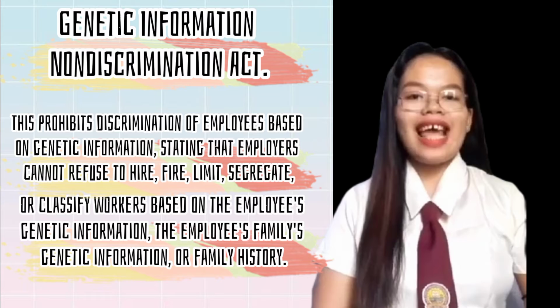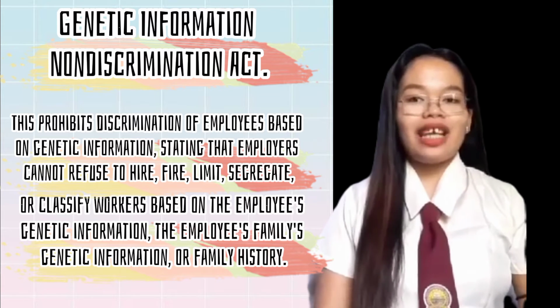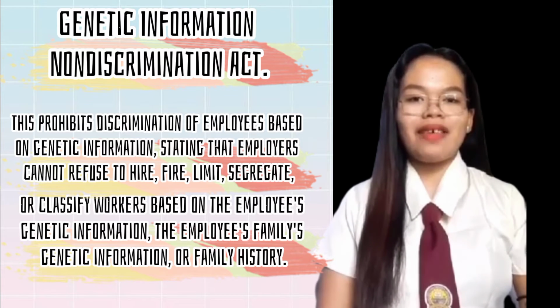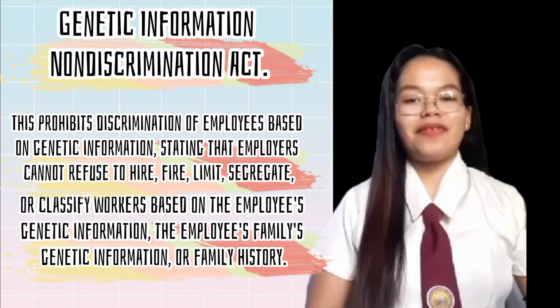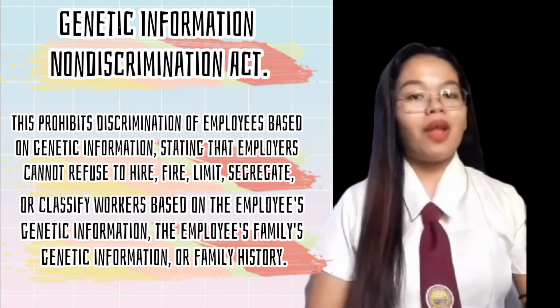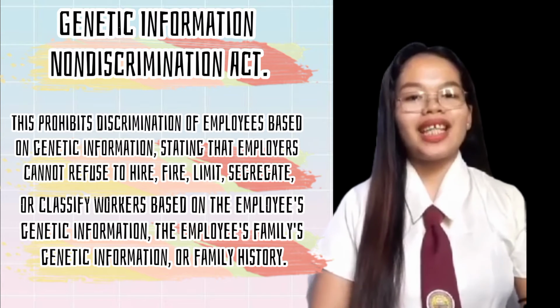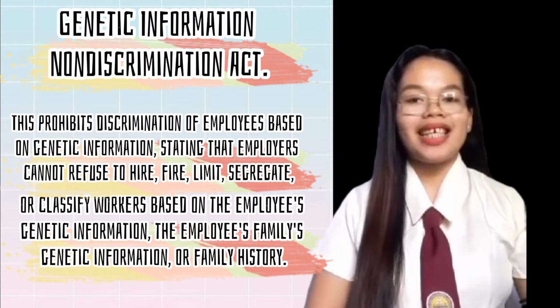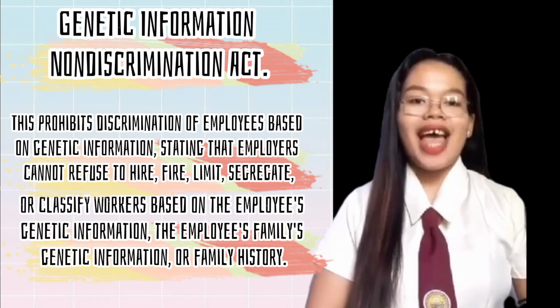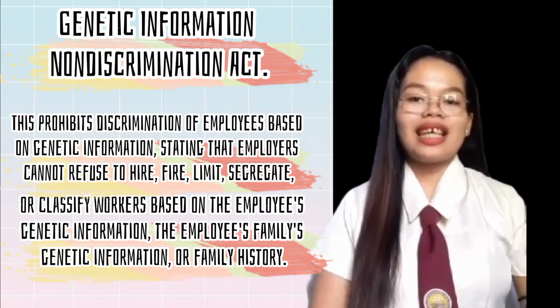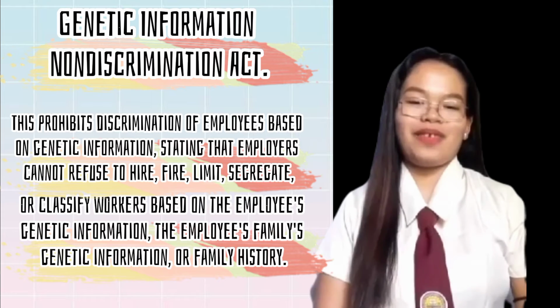Genetic Information Non-Discrimination Act. This prohibits discrimination against employees based on genetic information, stating that employers cannot refuse to hire, fire, limit, segregate, or classify workers based on the employee's genetic information, the employee's family's genetic information, or family history.